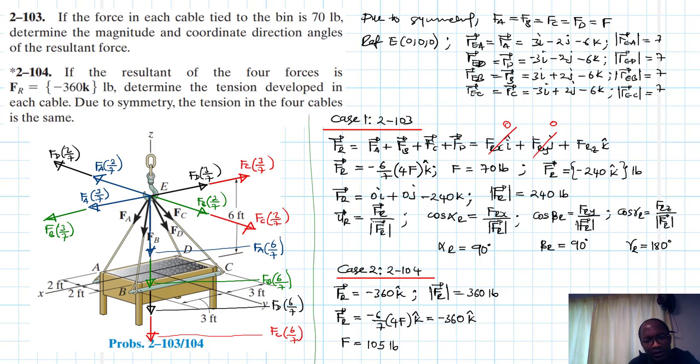Let me just outline. I create a boundary like so, and then I outline the final solution like I have always done. So here we found the magnitude of the resultant force as equal to 240.